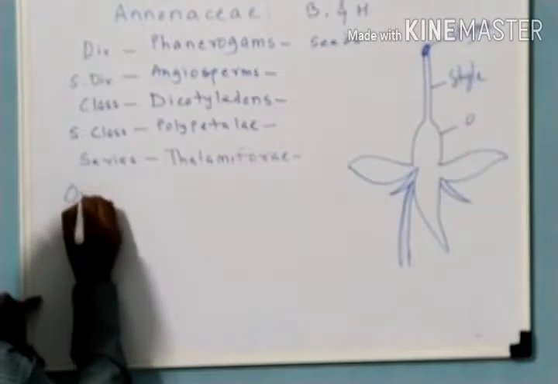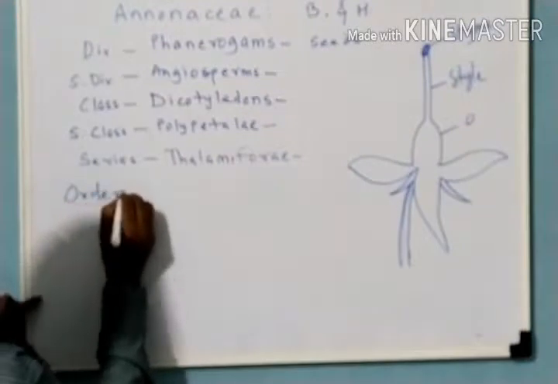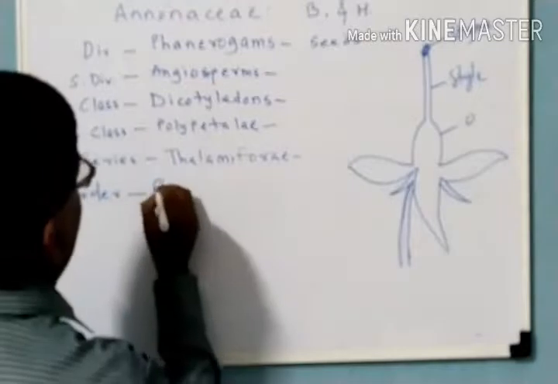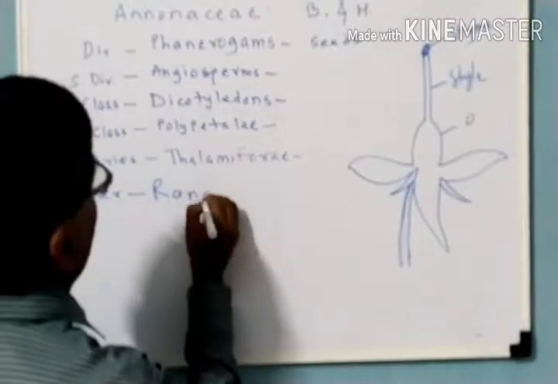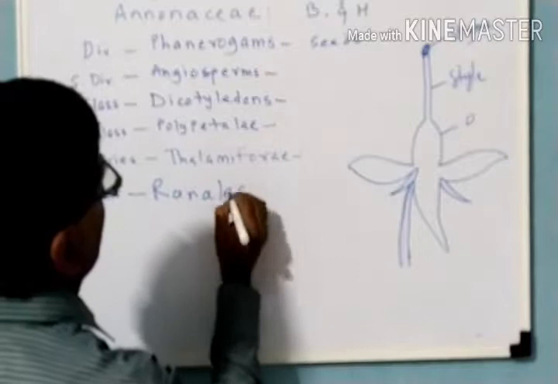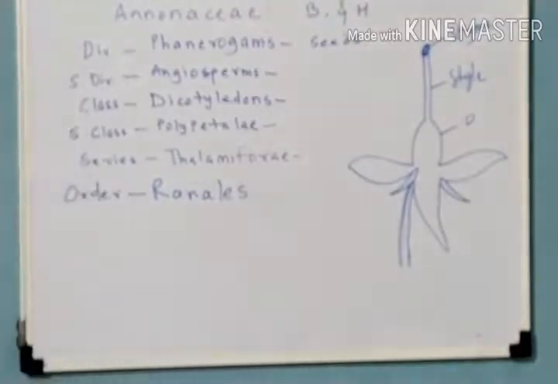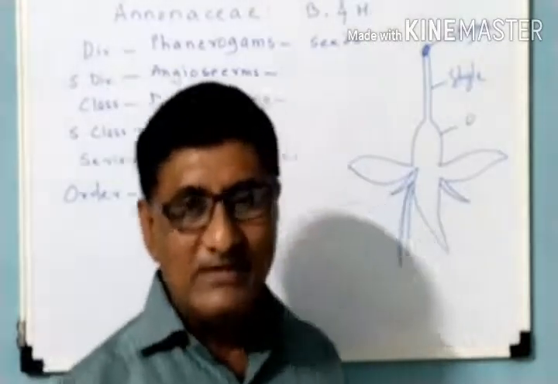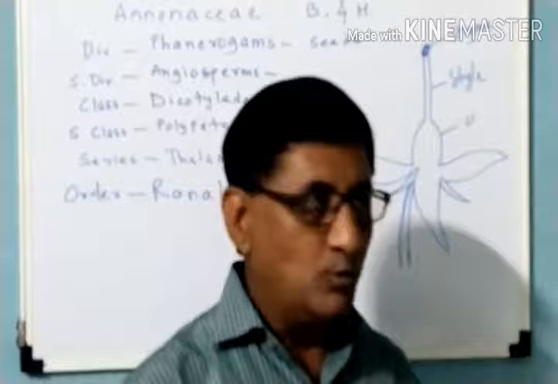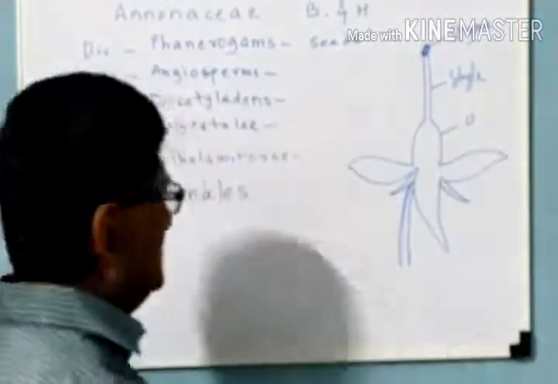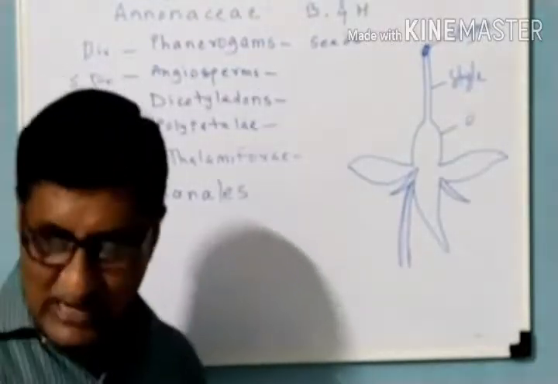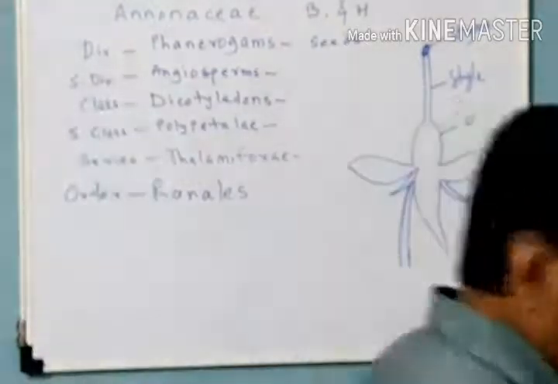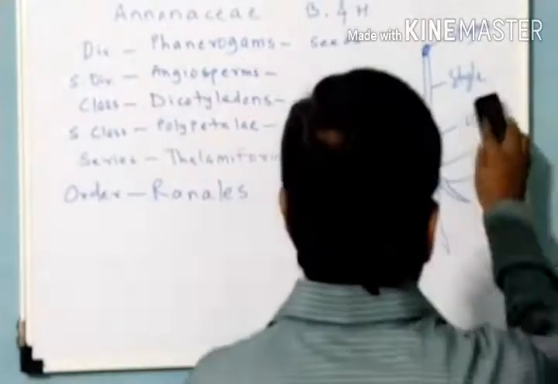Then order. The order of this particular family is Ranales. The reasons for order Ranales are stamens are free, carpels 1 to many, and they are apocarpous. What is meant by many stamens? Stamens are uncountable. And what is meant by apocarpous gynoecium?